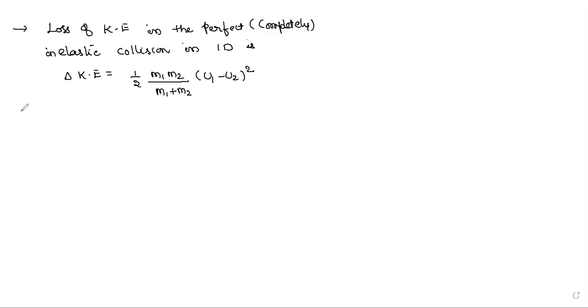If you come to a few basic models, like one example, suppose this is the support, and from the support I am suspending one mass by means of a massless and inextensible string.